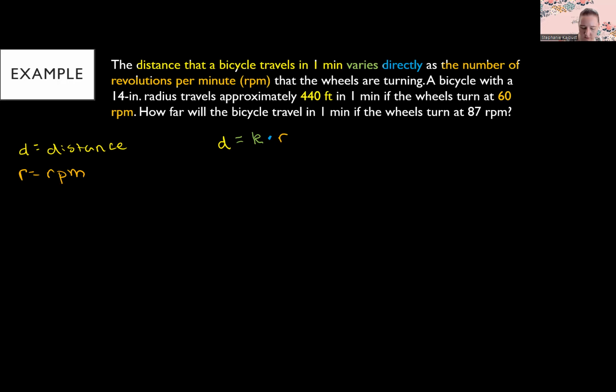So our equation is D equals KR. And our distance is 440. And then the RPM is 60. So it's going to be 440 equals K times 60.